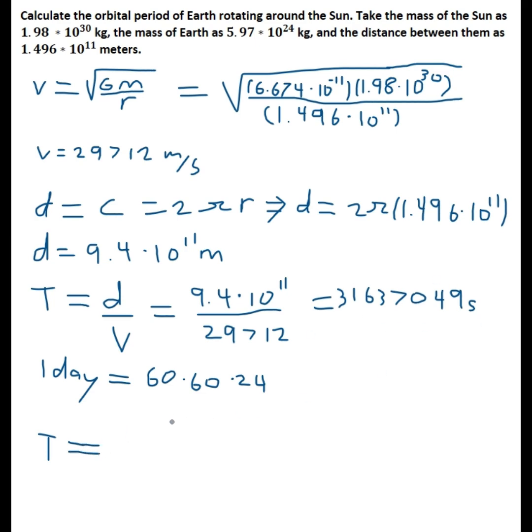So converting our orbital period into days, you get an answer of about 366 days, which is just about 1 year.